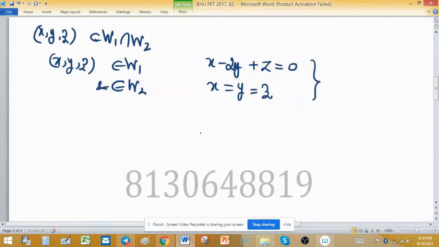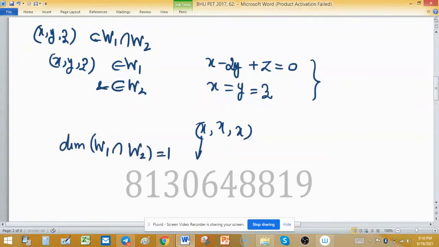From these two, the element is of the type (x, x, x), so only a single linearly independent choice exists. I can assign only the value of x, and then write the entire vector, and this vector generates all elements of the intersection. So the dimension of W1 ∩ W2 is 1.